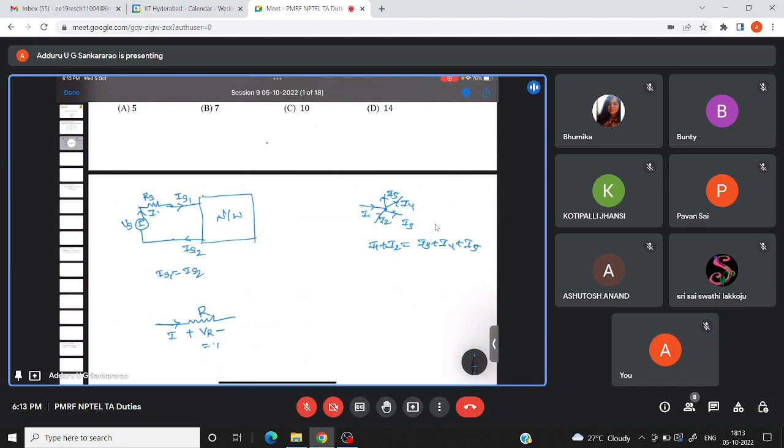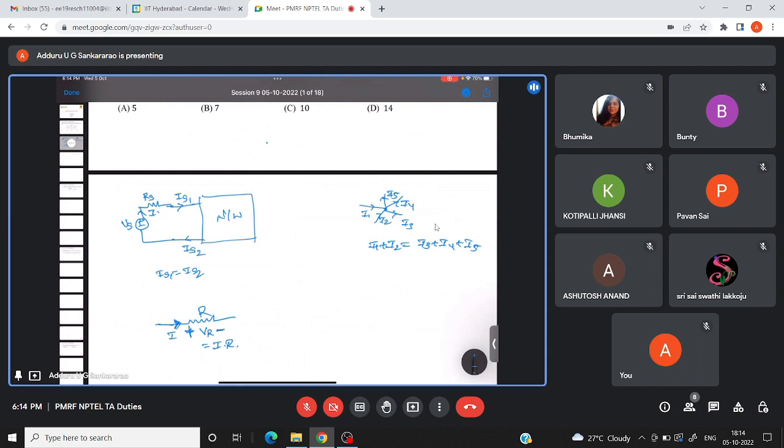VR equals I into R, right? In a resistor, when a current is going, the polarity of the voltage across it will be plus wherever the current is entering, and minus wherever the current is leaving.